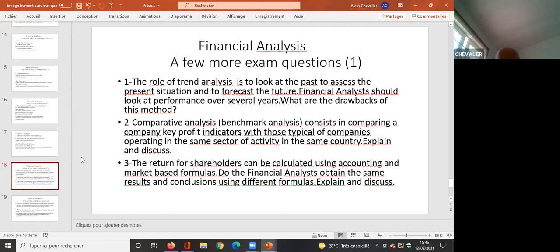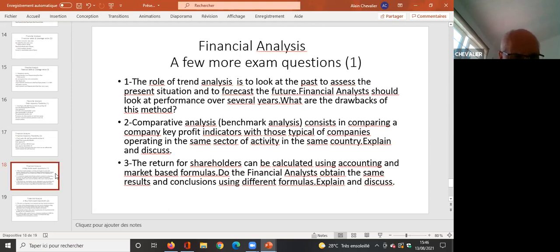And after that, how can we interpret the ratio? Does the calculation, does the ratio bring to the analyst and to the analysis and to the diagnosis and recommendation an added value or not? That's the question. Okay, this is what I wanted to show you on this first category.